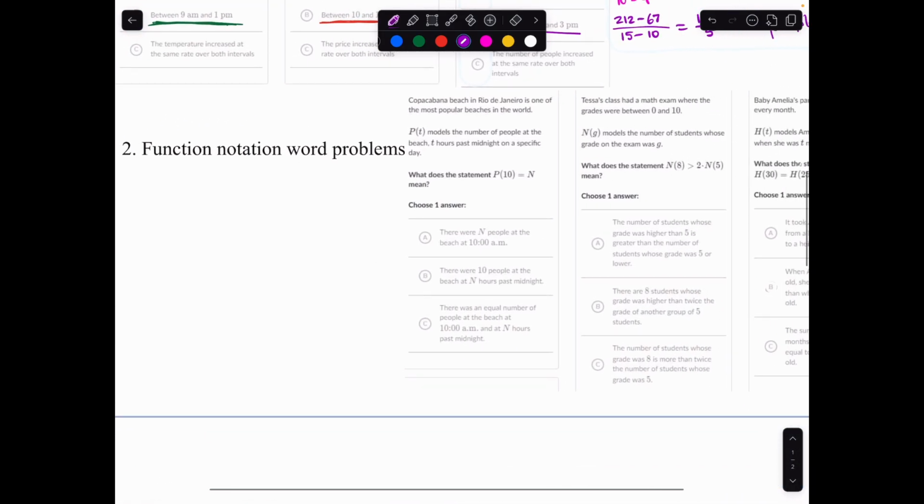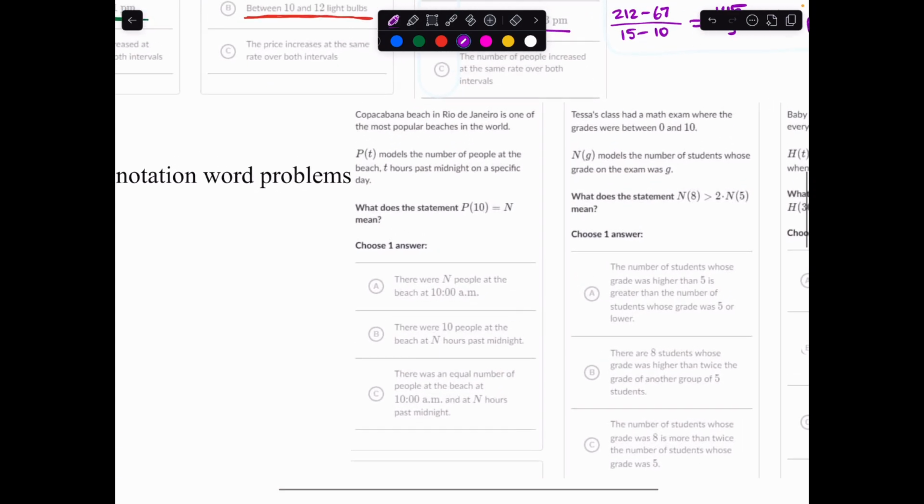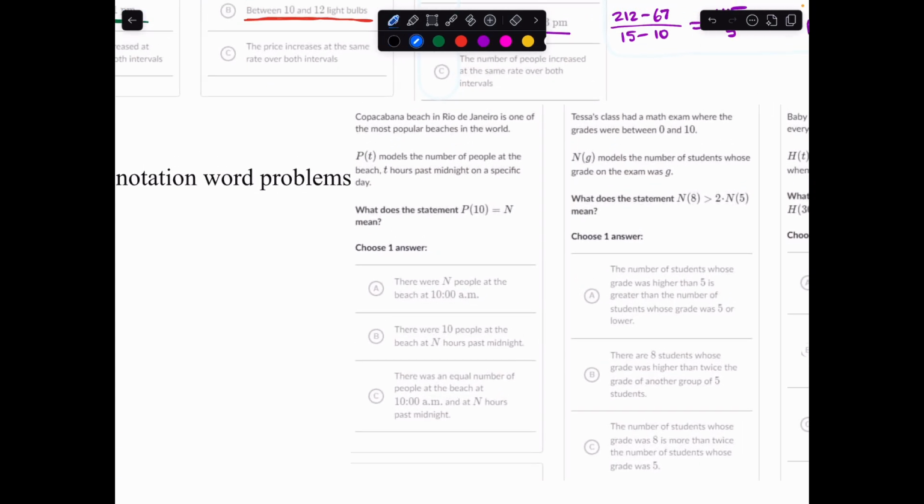We also have word problems about function notation. So with function notation, let's just dive right into it. Copacabana Beach in Rio de Janeiro is one of the most popular beaches in the world. P of T models the number of people at the beach T hours past midnight on a specific day.